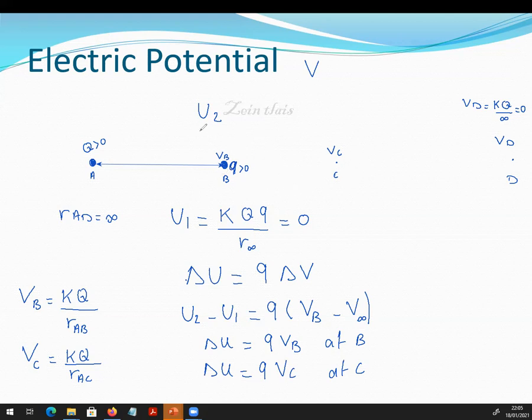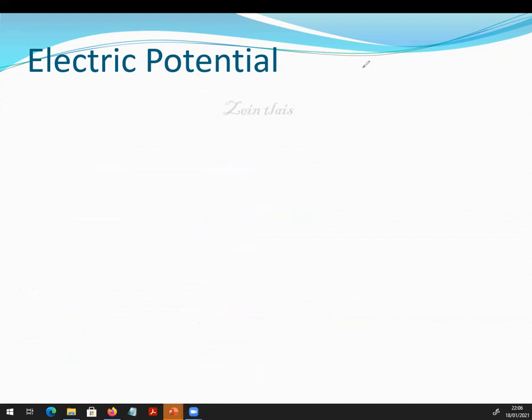For example, let's say now this system here has U2 as electric potential energy. Okay, let me clean before. Here I have capital Q. Here I have small q. For this system, we have U1.